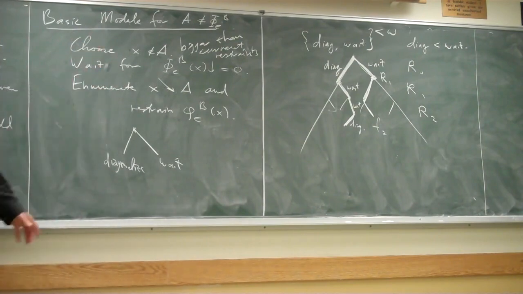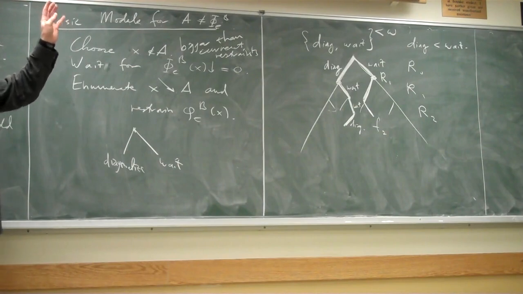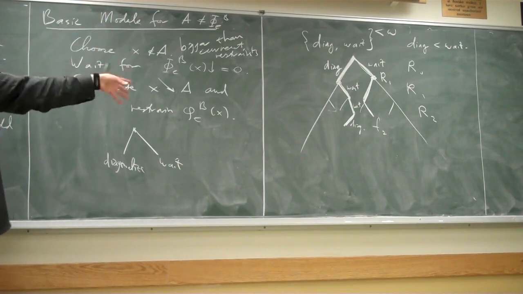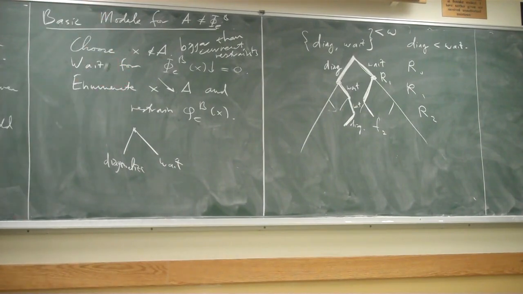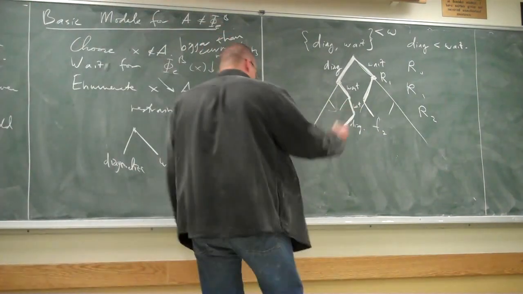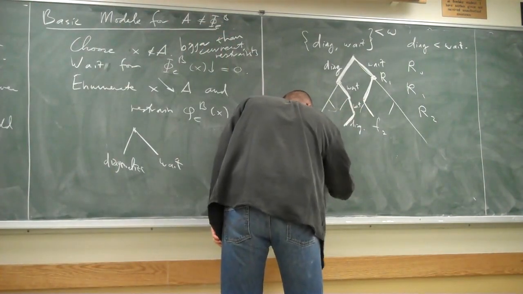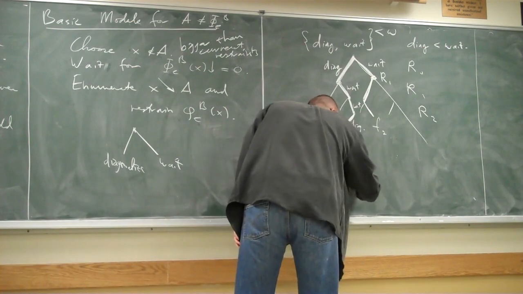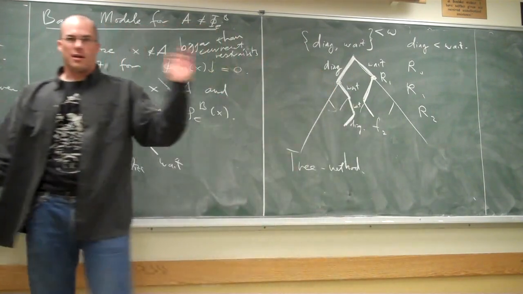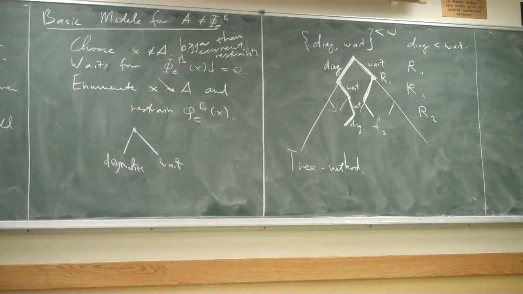These are complicated constructions which I don't want to sketch right now, but this is a handy bookkeeping device that often works well in priority arguments, known as the tree method. And I'll say more about that later. But this is a nice first situation to give a sketch.